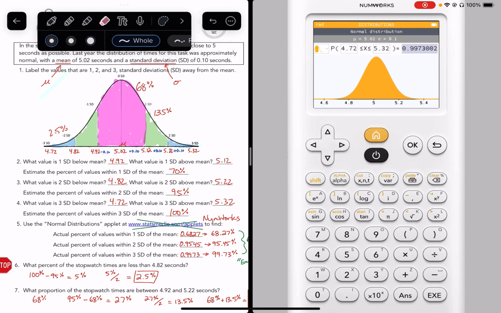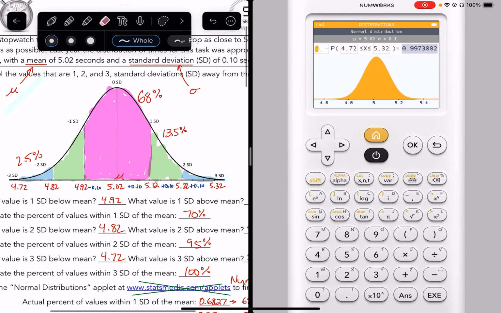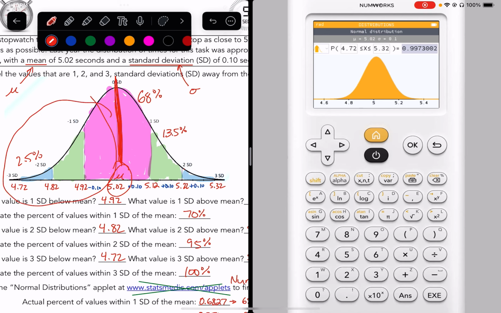Something we want to think about is the fact that this mean cuts our data in half. It's right in the center of our data here. So in this case, our mean being in the middle means that this whole left side is 50%, and the whole right side is another 50%.